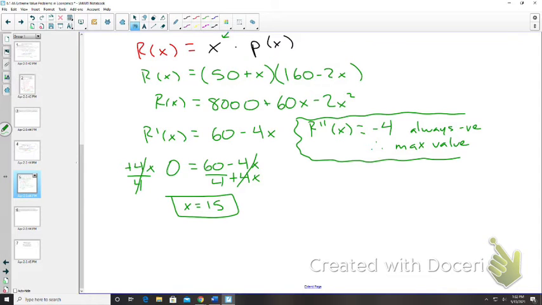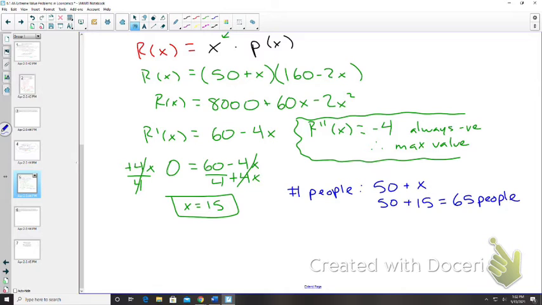So the number of people is going to be 50 plus x, which is 50 plus 15 equals 65 people will be on the trip.